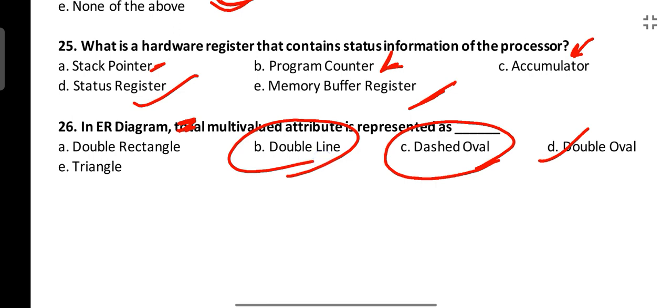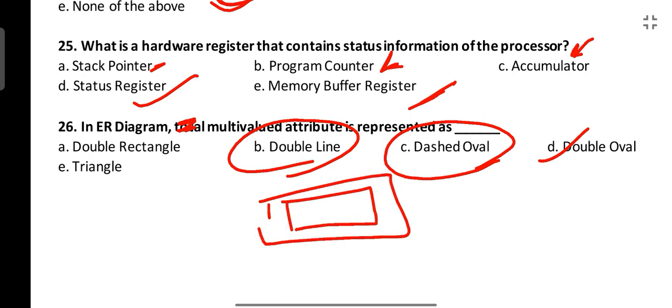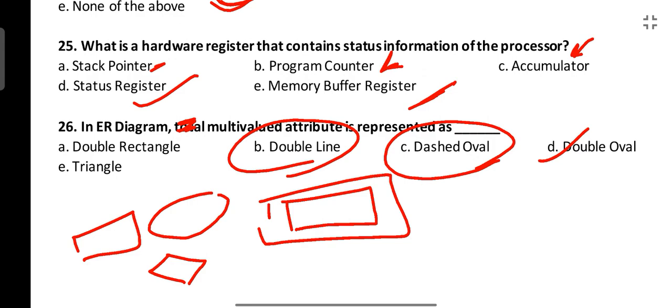What is double line? Double line is used to denote total participation. Who gives total participation? Weak entities. What are weak entities? The entities which do not have any primary keys are weak entities. So weak entities are shown as double rectangle. So entities are rectangles, attributes are ovals, and relationships are diamonds.